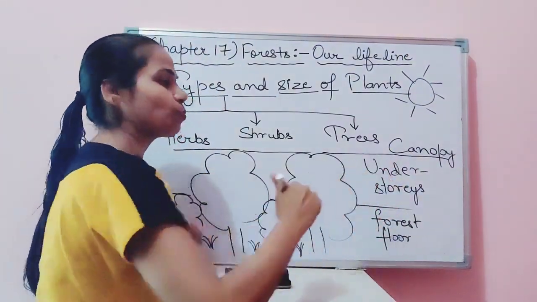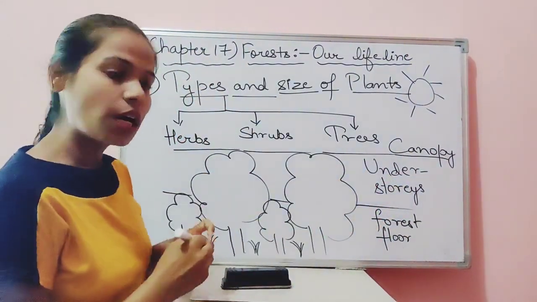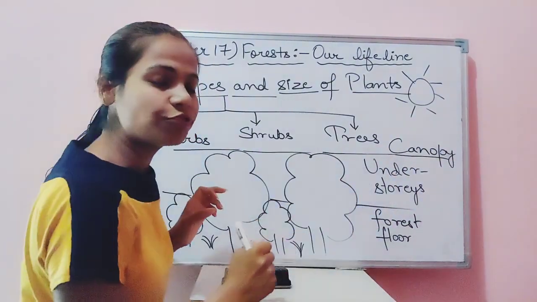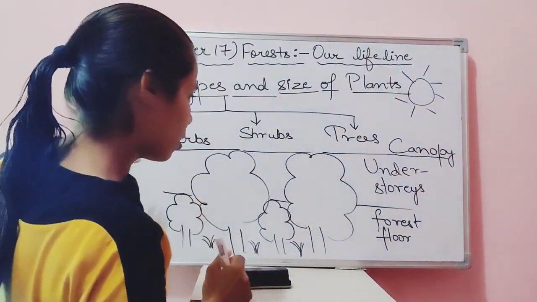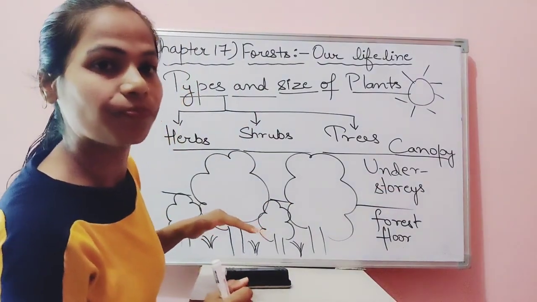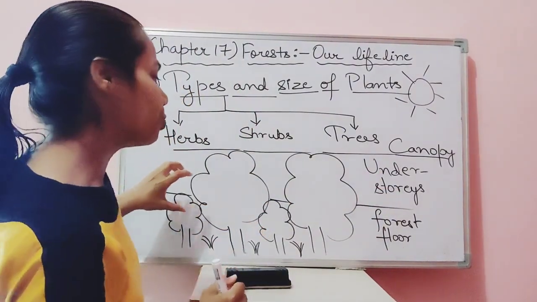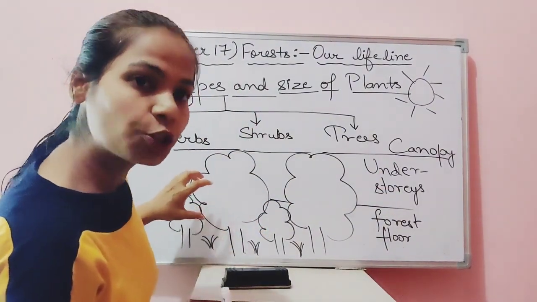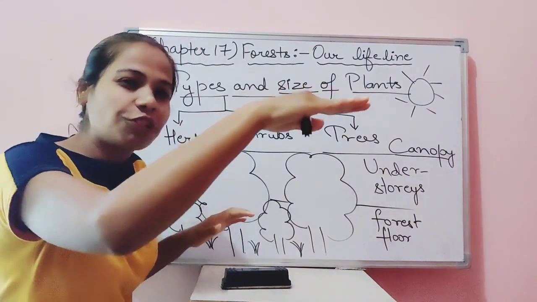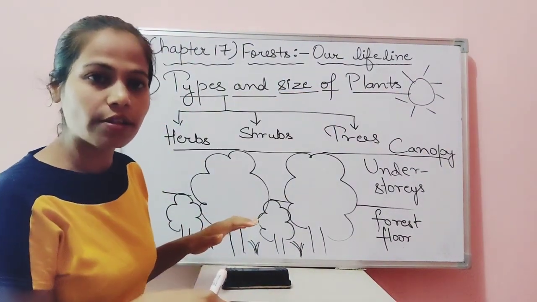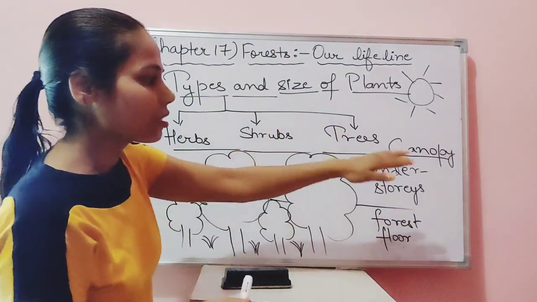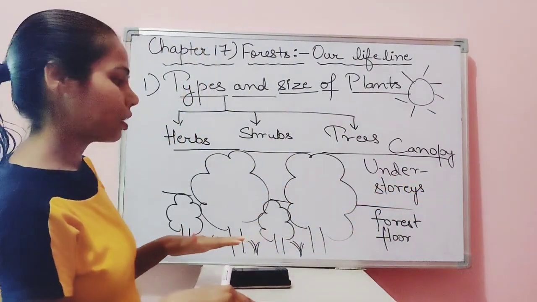The middle range plants form another horizon of understories. The crown formed by the 10 to 15 meter range plants is known as understories.